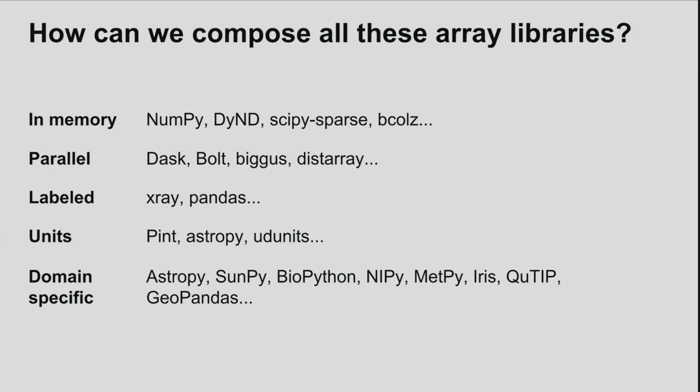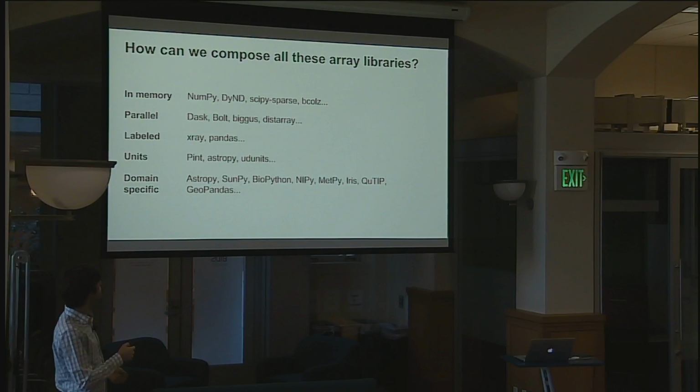But there's a whole bunch of different tools that fit together and meet all these needs: in-memory arrays or parallel arrays, different ways to represent something, say a sparse array or a compressed array, different types of labeled arrays, arrays with units, different types of parallel distributed backends.